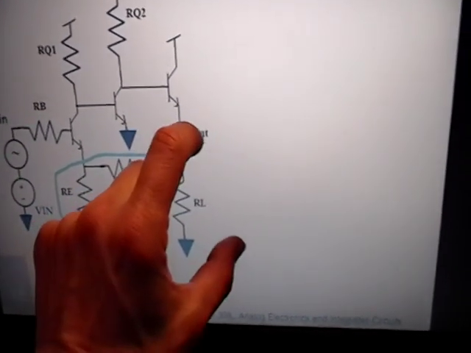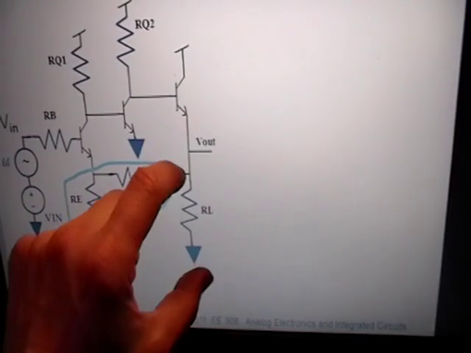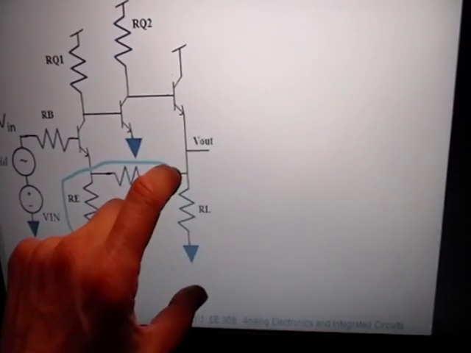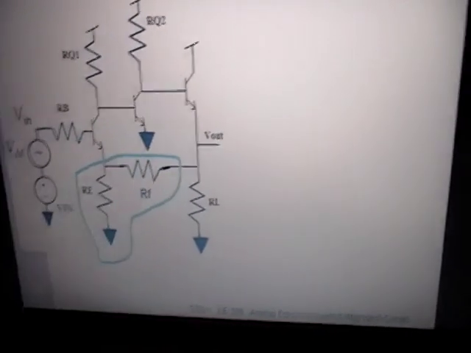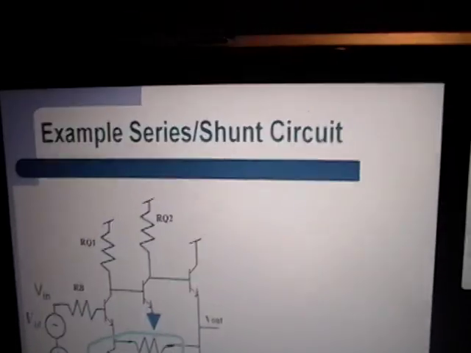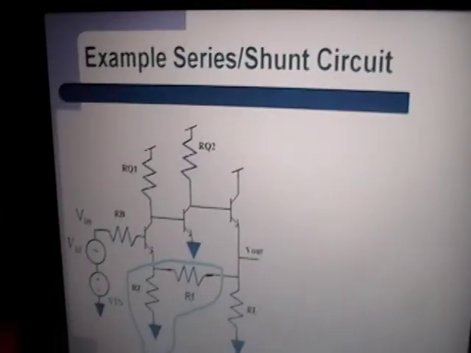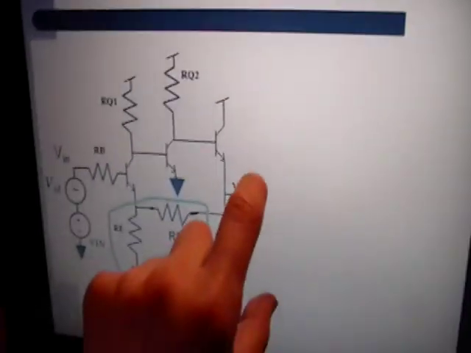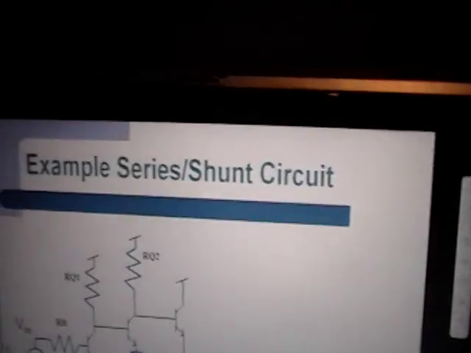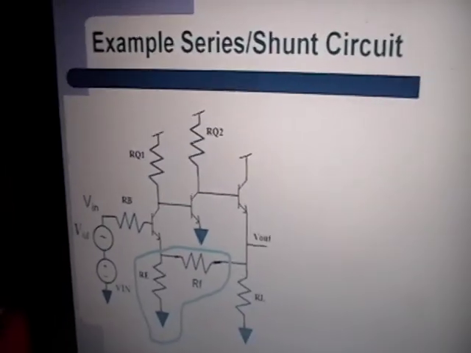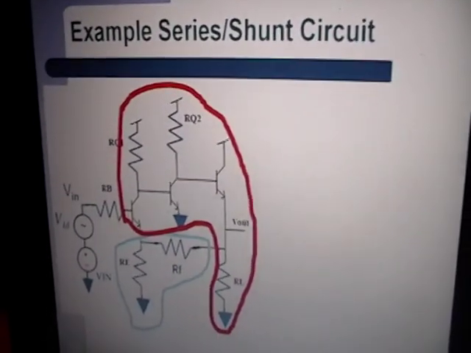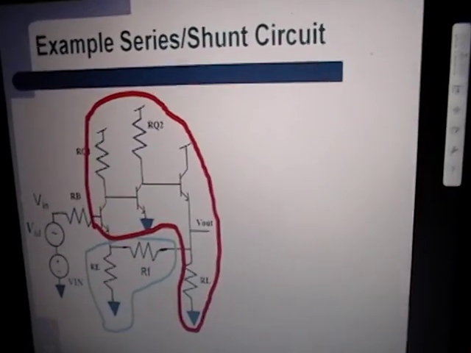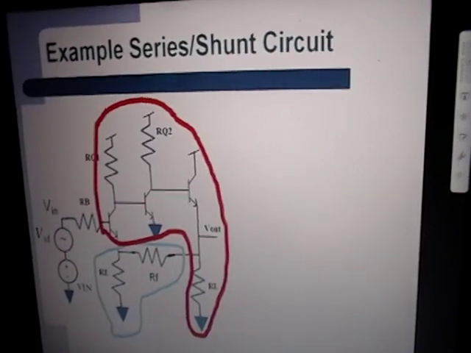V out to ground and the voltage into your feedback network to ground, those are across the same nodes, and that's a shunt. So this is considered a series shunt circuit. And if you put a circle around all the feed forward, the small AV circuitry, there's your small AV.